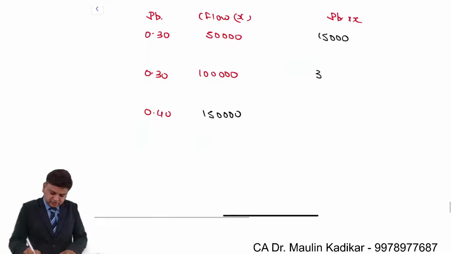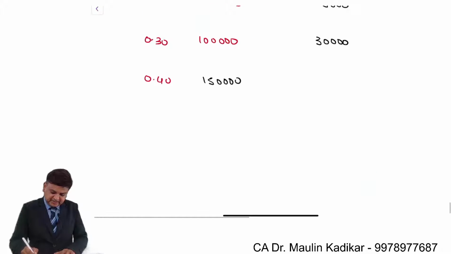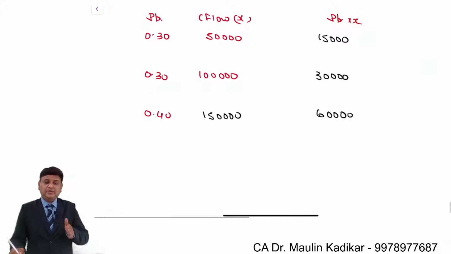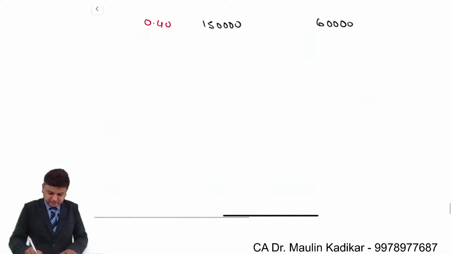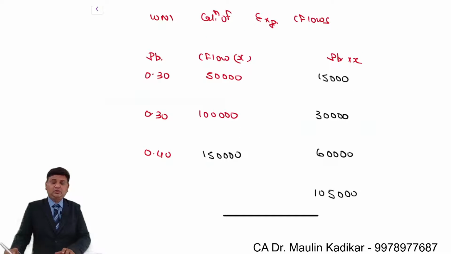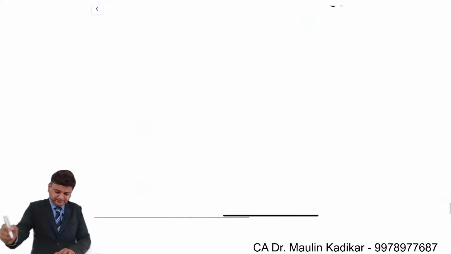Then it is 30,000. And then it will be 60,000. 30 plus 60 is 90. 90 plus 15 comes to 1,05,000. So this is the expected cash flow from end of year 1 to end of year 5.